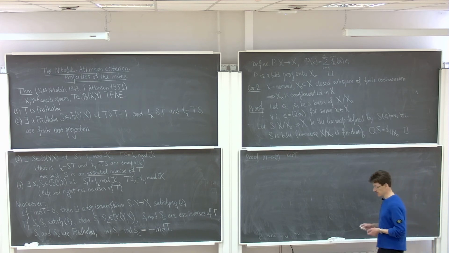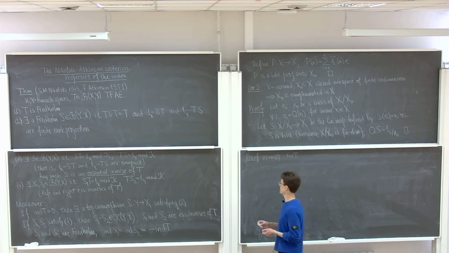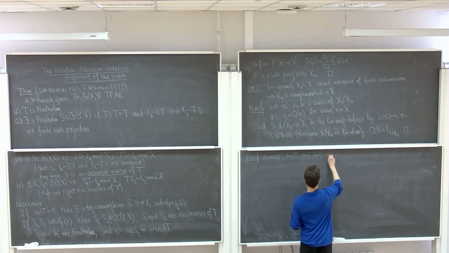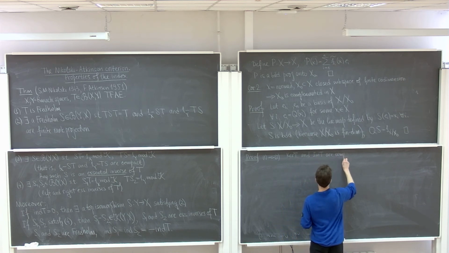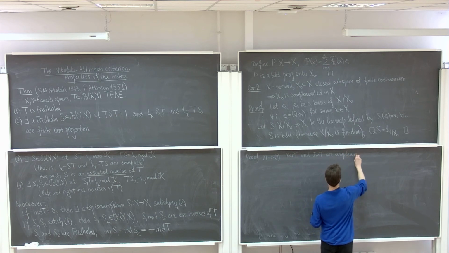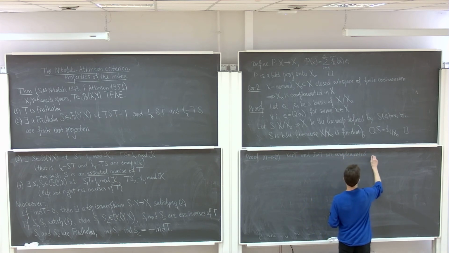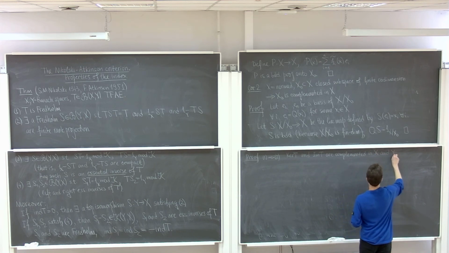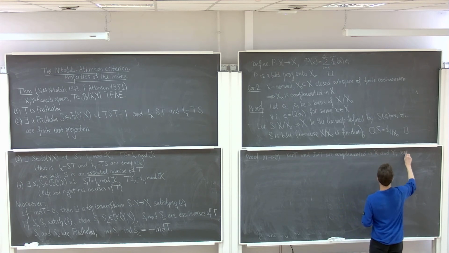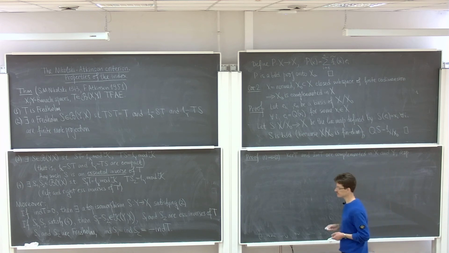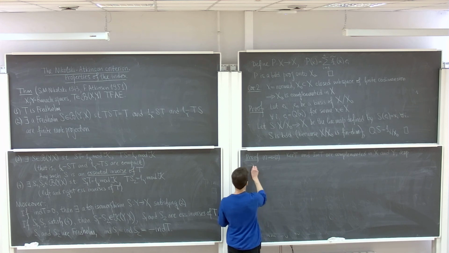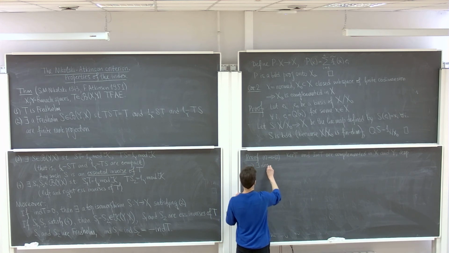We now apply our previous results, and we see that the kernel of T and the image of T are complemented subspaces in X and Y respectively. So we can decompose X and Y in the following way.